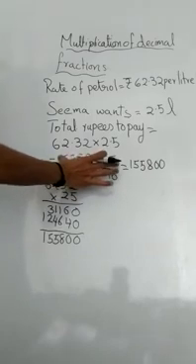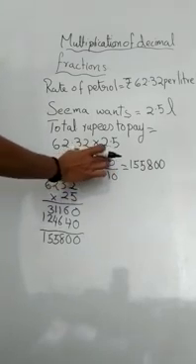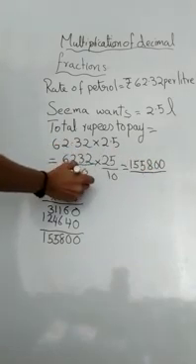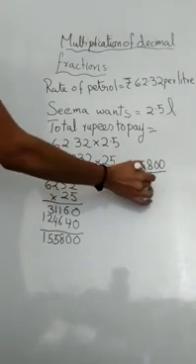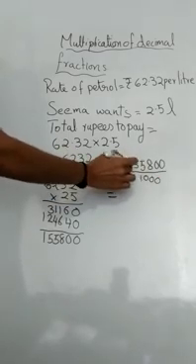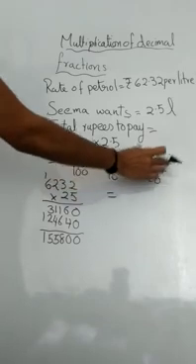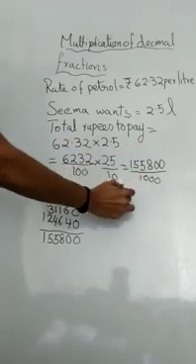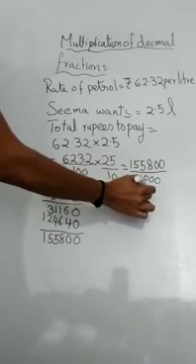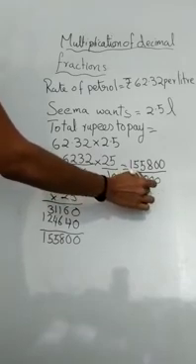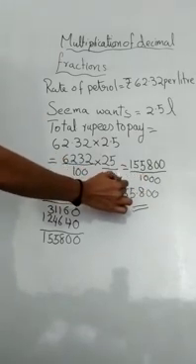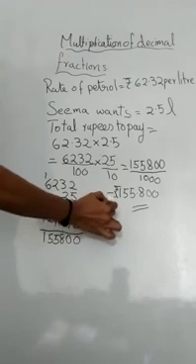Okay, this is when you multiply 6232 and 25. And that you are dividing by how much? This 100 into 10 will give you 1000. Okay, so what will be the answer? Final answer: 1000 means 3 decimal places here. 155.800. That is the answer.